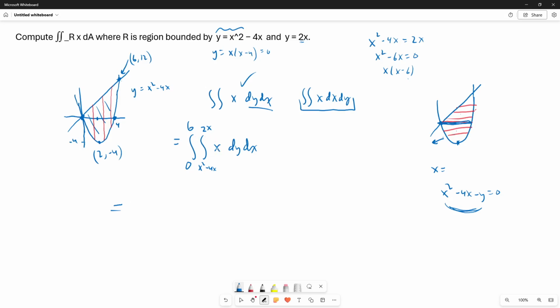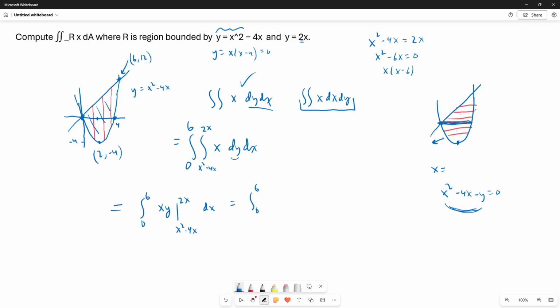Okay, so now computing this integral, we're integrating with respect to y first. So x is just a constant, and the antiderivative is x times y. We have to integrate from 0 to 6, and here we have to plug in the line at the top for y and the parabola at the bottom. And then when we're done, we have to integrate dx.